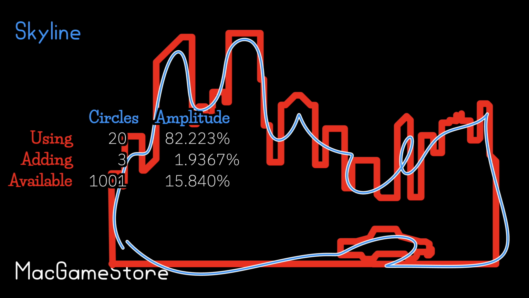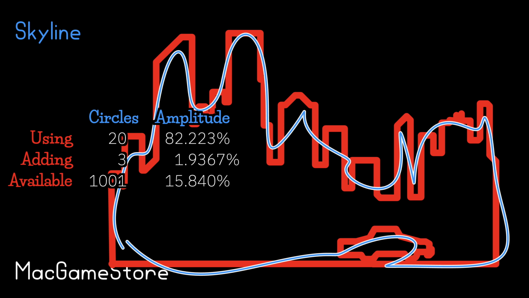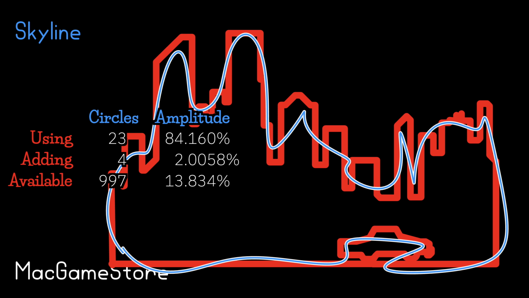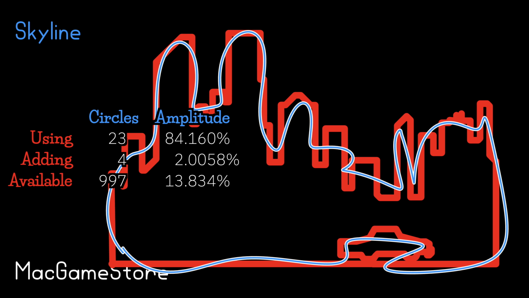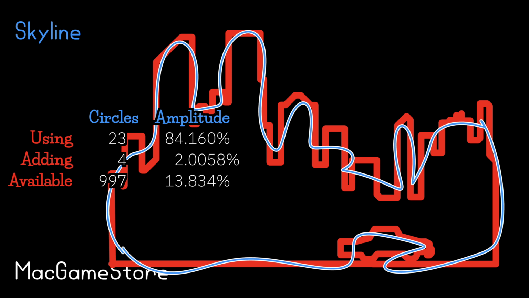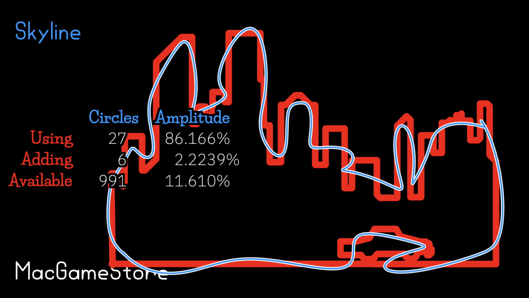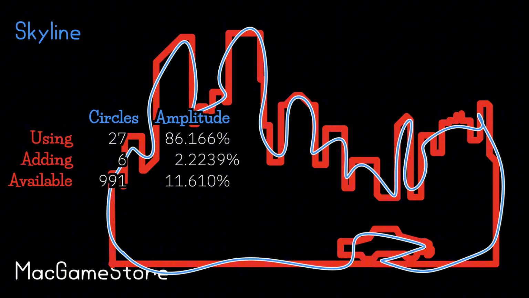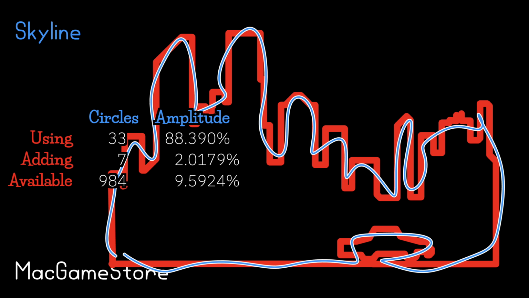We're just pretending to learn about math here. We're really just enjoying the view. Same as always, it draws the bigger features first and then it starts filling in the details.